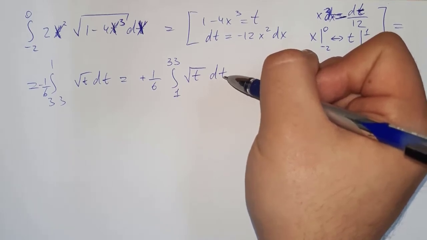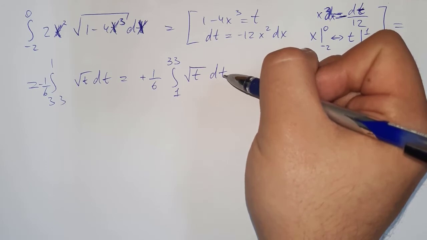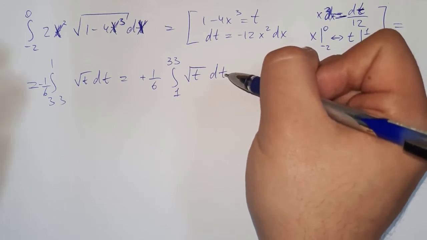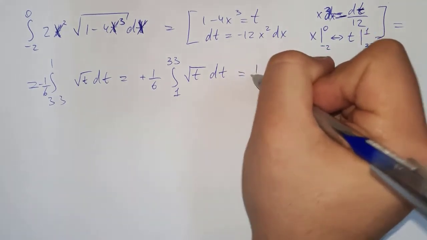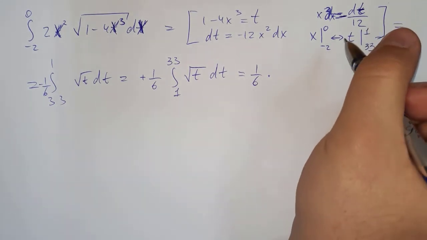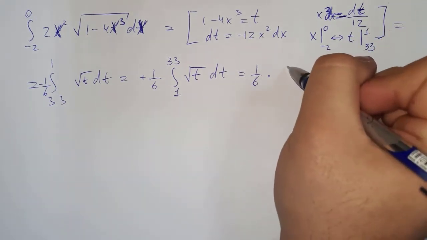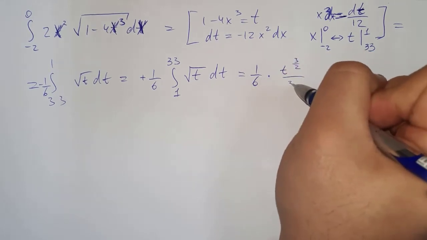And now let's put these values. So we have 1 over 6. Now our primitive is t to the power of 3 over 2, divided by 3 over 2.